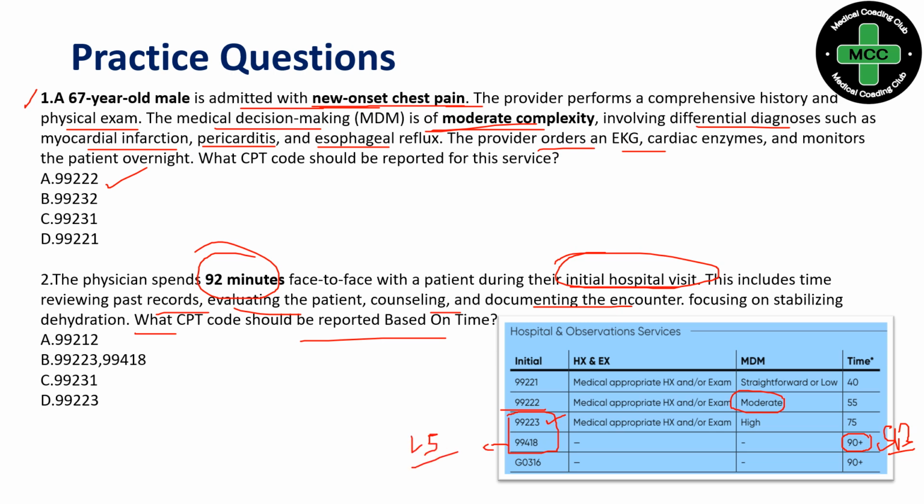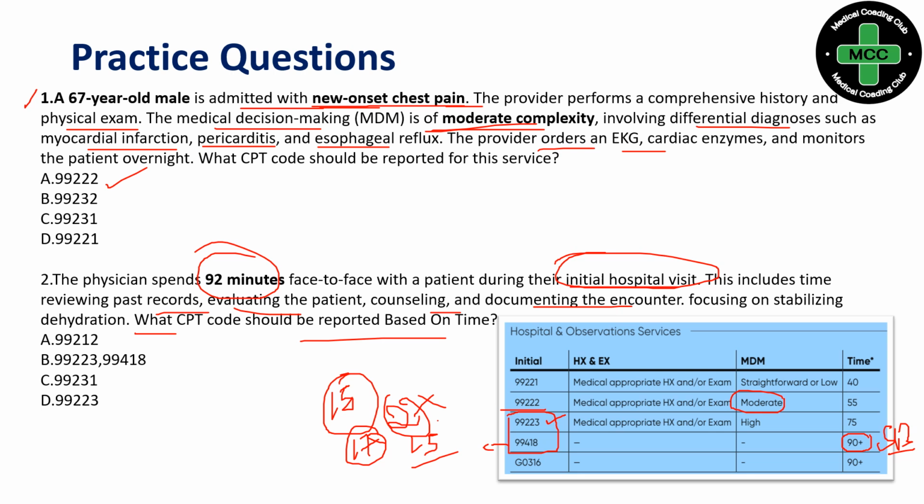We have an additional 17 minutes, but for 15 minutes we will give 99418. For the additional leftover 2 minutes, you cannot consider any extra units, because to give one more unit you need 15 minutes compulsorily. If you are not meeting 15 minutes, then you don't take one more unit.